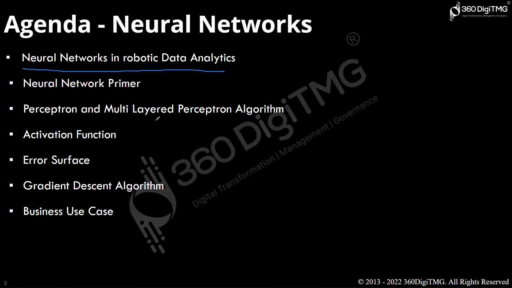It is a fundamental concept for us, a primer that introduces fundamental concepts used in neural networks and deep learning. I'm assuming that is clear, and I'm going to go for the perceptron and multilayer perceptron algorithm. So what is a perceptron?